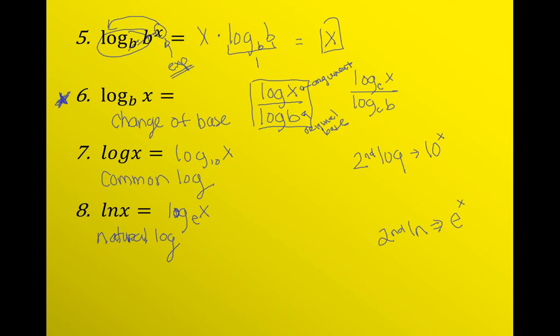So e, there was a little bit on it in the last objective in the supplemental materials, is used when you're doing growth models and compound interest, compounding continuously. There were 2 videos that I thought were pretty good on that supplemental material if you want to go back and watch them. What it's really getting at is that if I invest $1 into the bank, the more often I compound it, it's going to approach this number, 2.71, and it keeps going. It's irrational, and that is e.